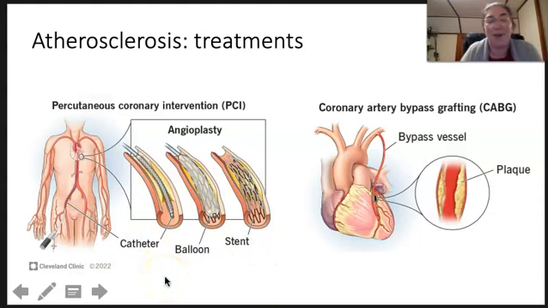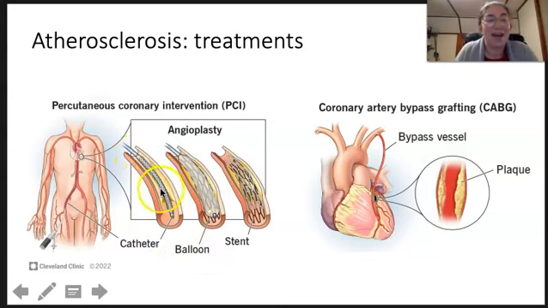It doesn't require surgery. It does involve some level of anesthesia, and then a very small tube that's fed in through the femoral artery in your upper leg and all the way up the abdominal aorta, through the aorta into the coronary arteries. This is done with a CT or X-ray, some kind of imaging to follow the trajectory of this catheter.